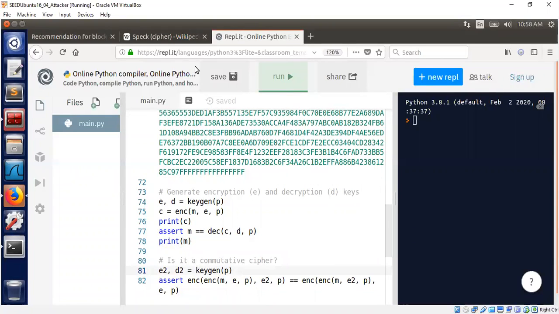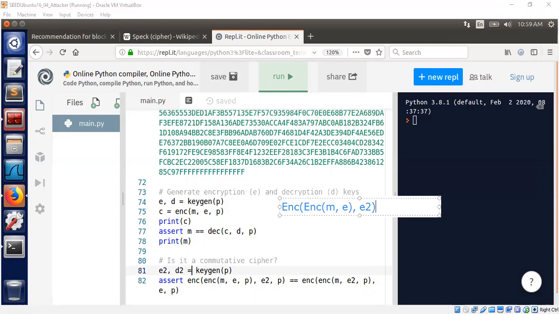Let me first write it in symbols here. If you have a message M, you do encryption of your message M using, say, the key E. Let me leave out the P, since P is the prime that's fixed anyway. And then we re-encrypt it using another key, E2. So we basically double encrypted the message M using two different keys.